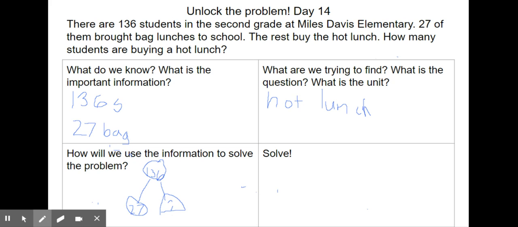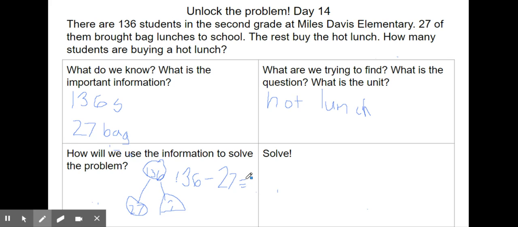If you said we subtract, you're right again. So we are going to start our subtraction equation with the whole, 136. Again, I'm sorry, my handwriting is messy. And we're going to take away 27, the part we know. And we're going to find our missing part.